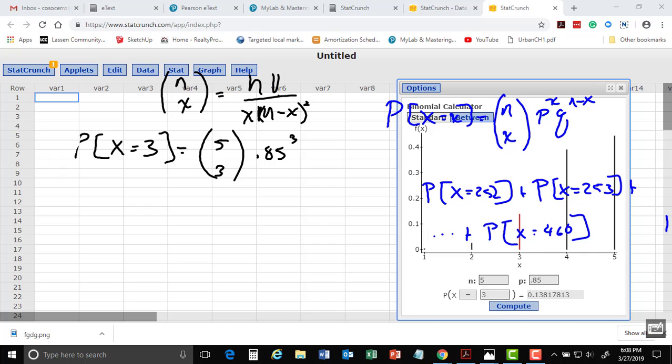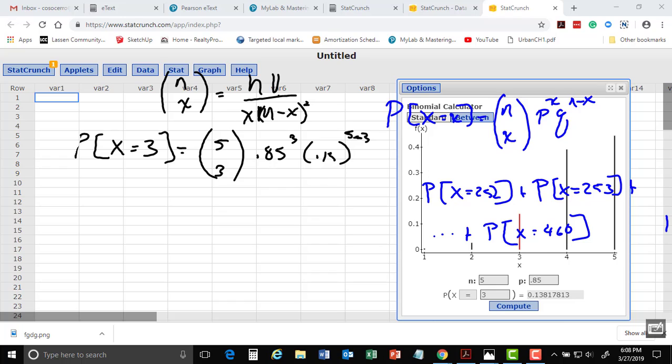And then q, what's q worth? I multiply that times q raised to the 5 minus 3, which makes it 2.